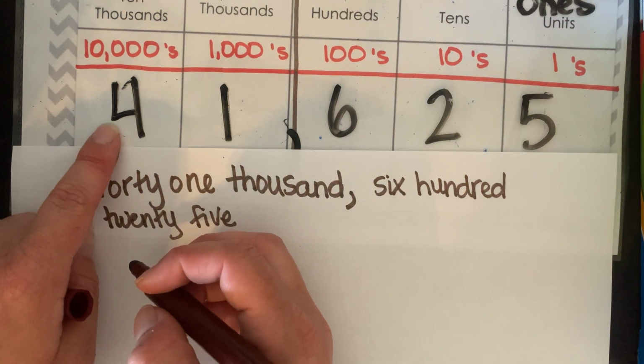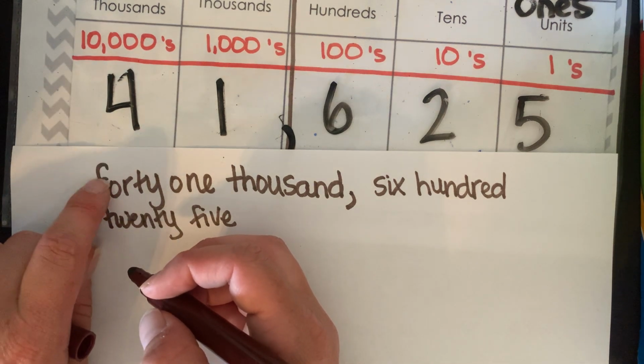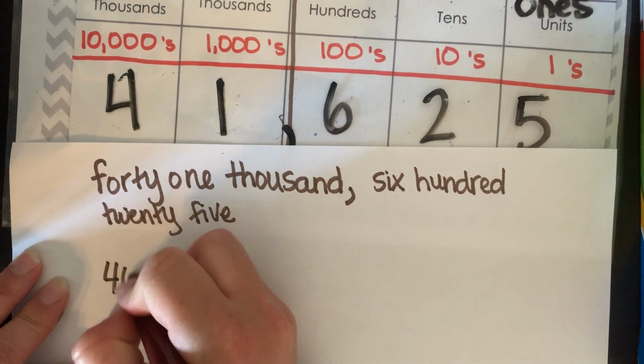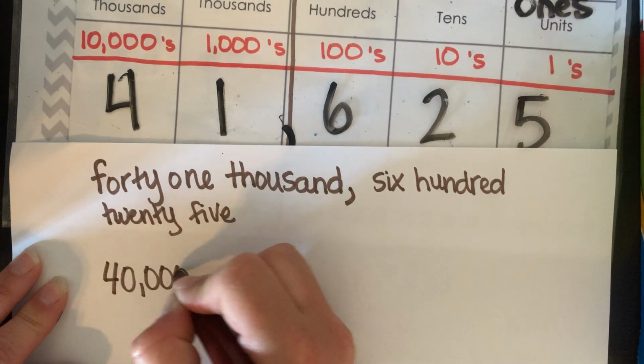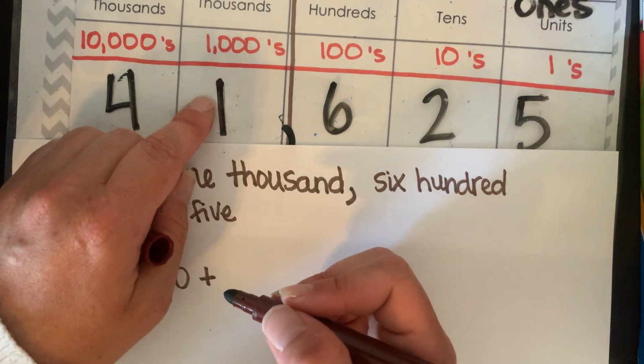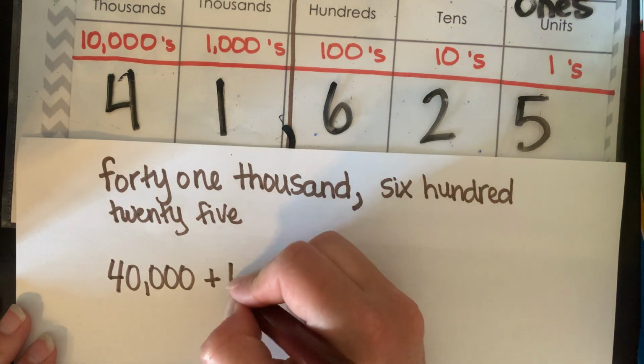Now for expanded form, or time to stretch it. This is going to be 4 10,000s, or think of what I said, 40, right? So 40,000. Then this digit has a value, it's the digit 1 with the value of 1,000, so 1,000.